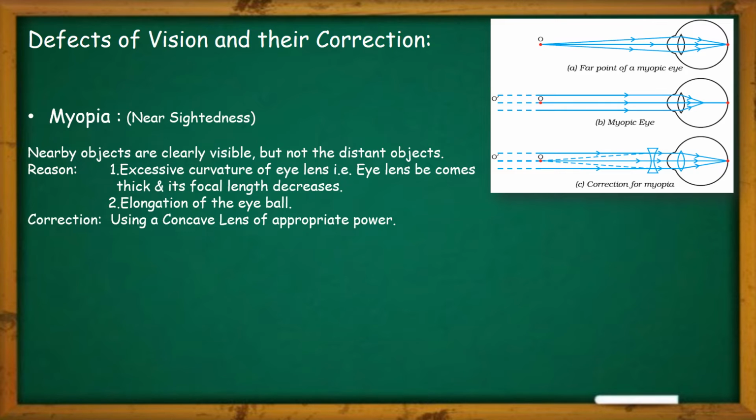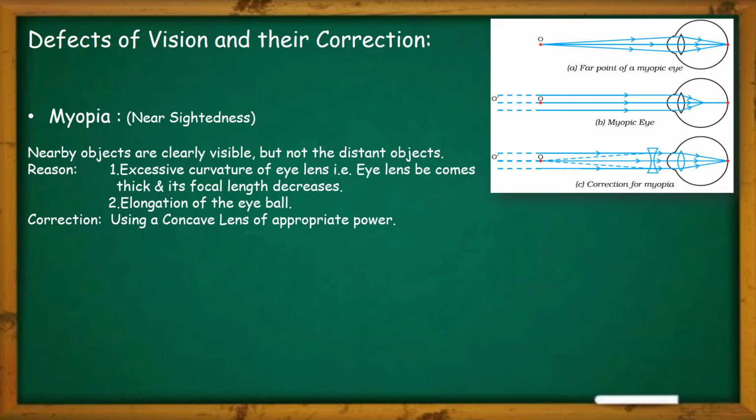All the light rays are focused before the retina, as you can see in the diagram, for which that thing is not visible to the human. Another cause for which this defect arises is elongation of the eyeball. If the elongation of the eyeball happens, then all these light rays are also focused at a point somewhere in the vitreous humor, and they are not properly focusing on the retina.